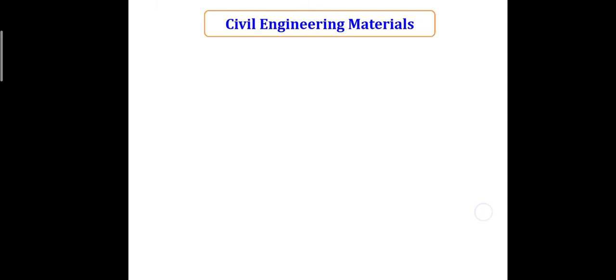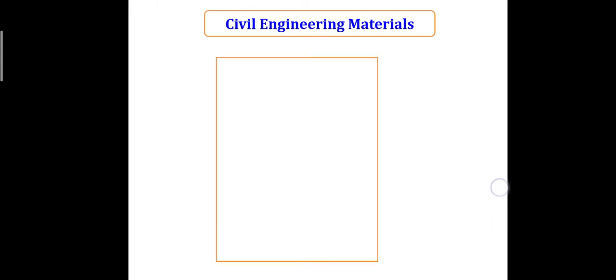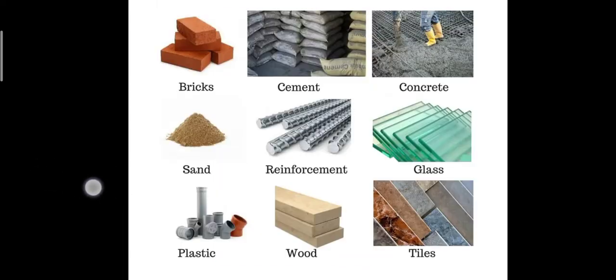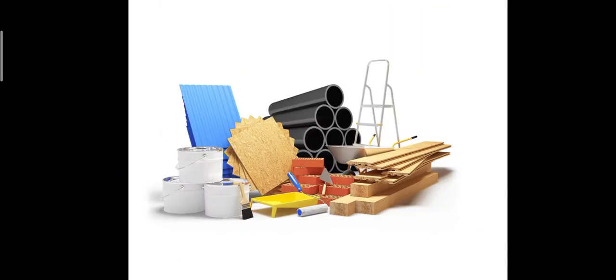And there are different civil engineering materials that you are aware of, and you can see them in construction sites. They are stones, bricks, sand, cement, concrete, steel, timber, and modern materials. So these are some of the materials that you have seen in construction sites.